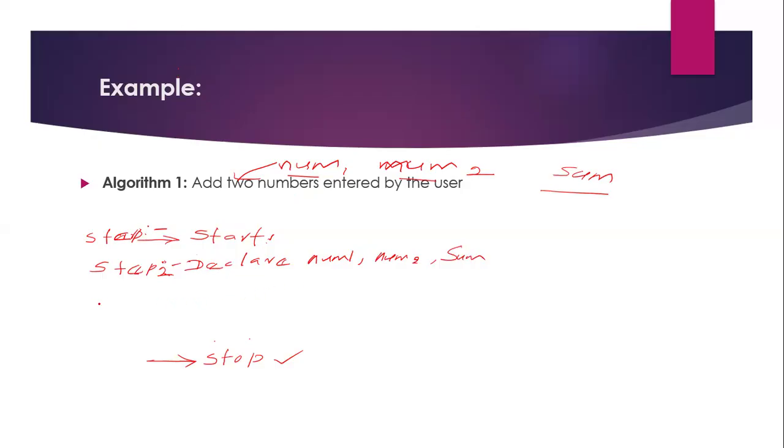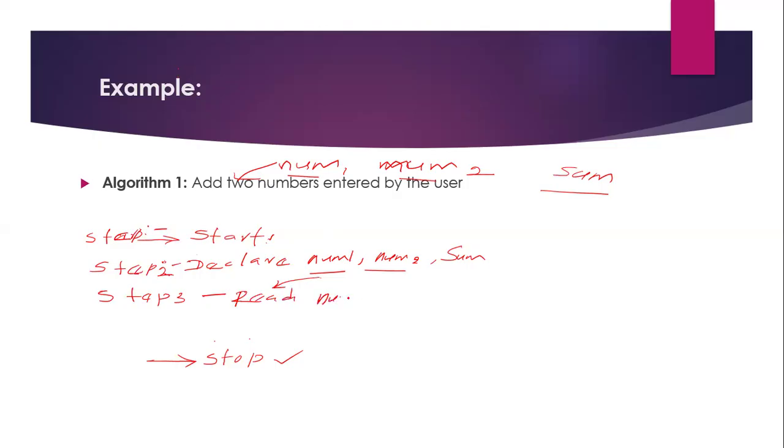Now I have declared the numbers and the summation. After this, step 3: what do I have to do? I have declared number 1 and number 2, so now I have to read the values given by the user.